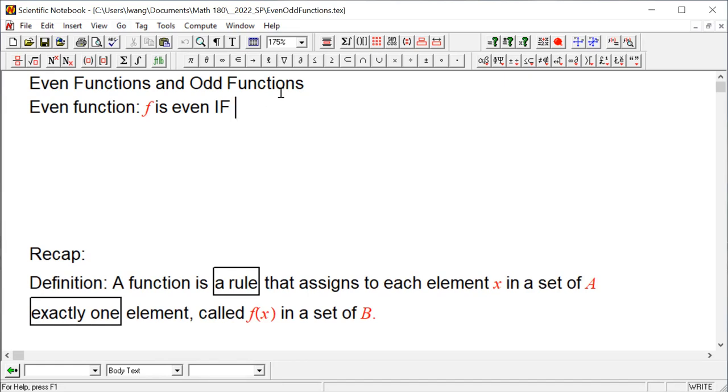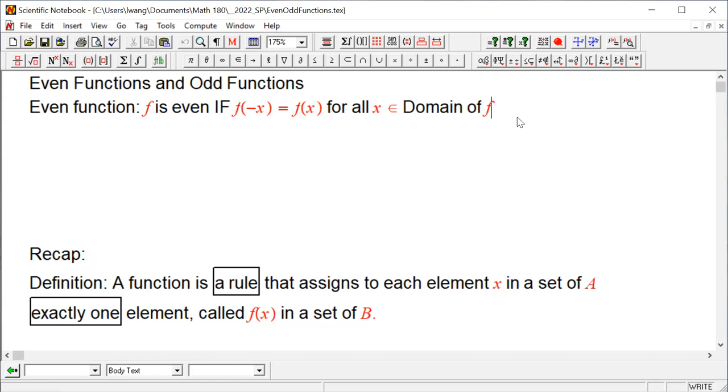If f of negative x is the same as f of x for all of the x in the domain of f.